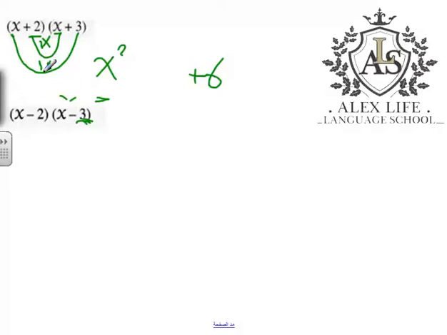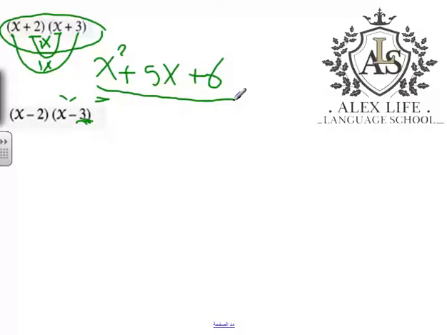Okay? 2x plus 3x equals 5x. What's the relation between these two brackets and this expression? These are two brackets, and the product of these brackets gives this expression. So these brackets are the factors of this expression. Okay? Fine.